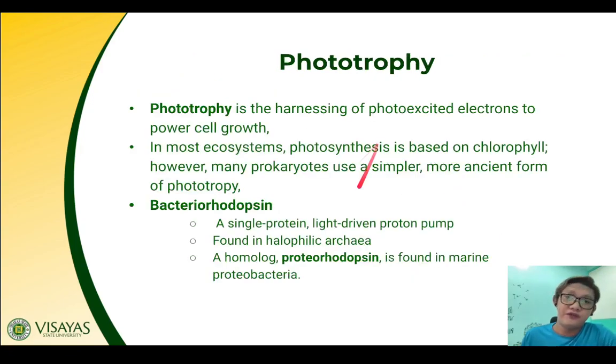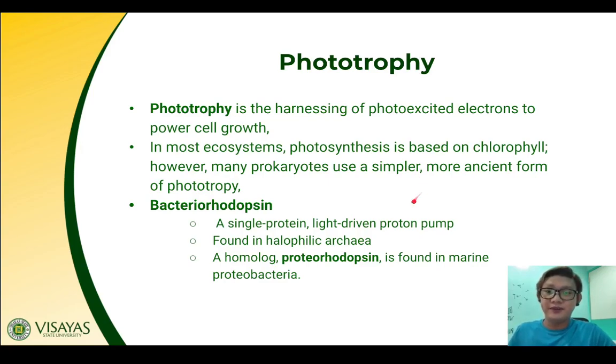Phototrophy is the process of harnessing photoexcited electrons to power cell growth. In most ecosystems, photosynthesis is based on chlorophyll. However, many prokaryotes use a simpler, more ancient form of phototrophy.